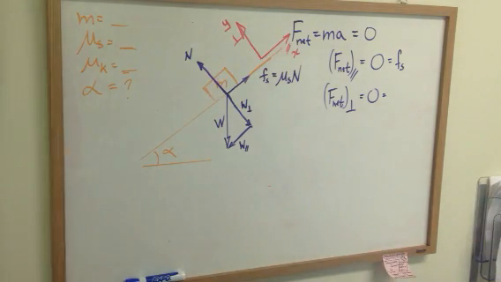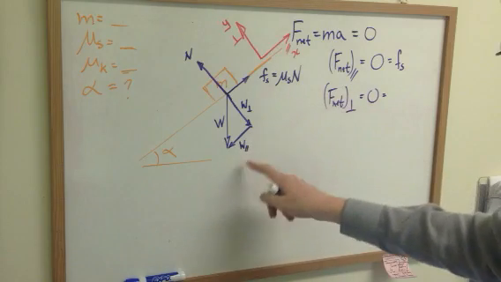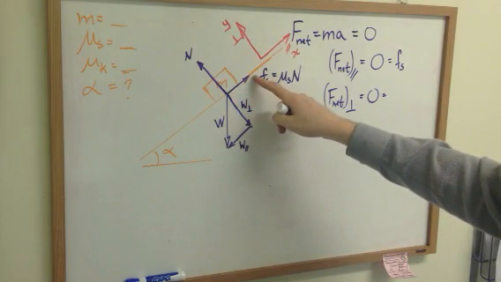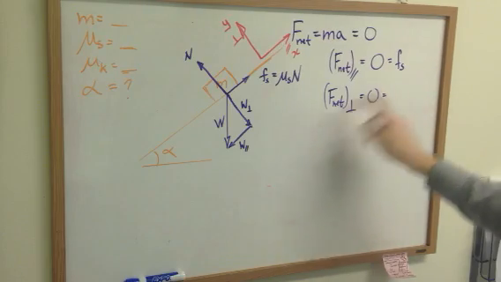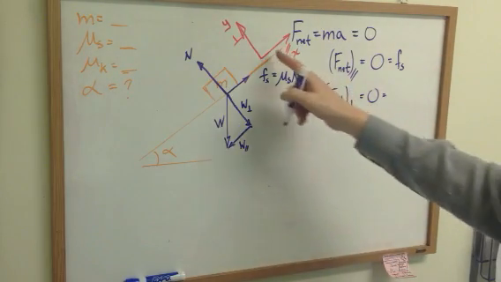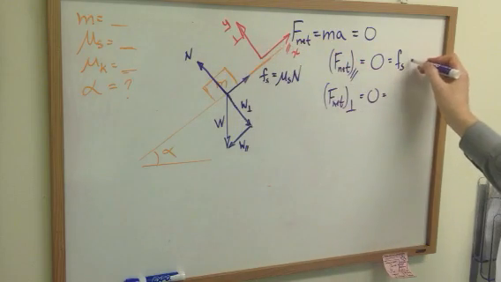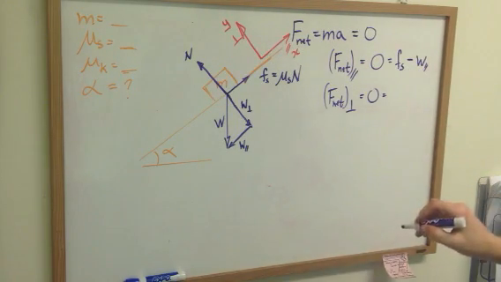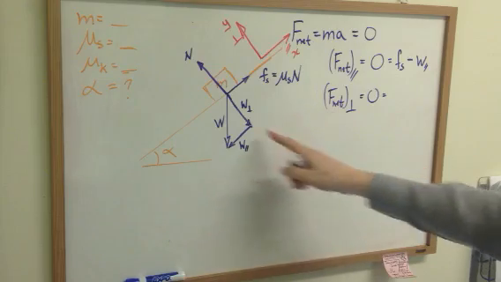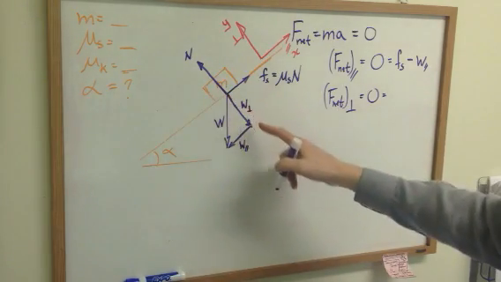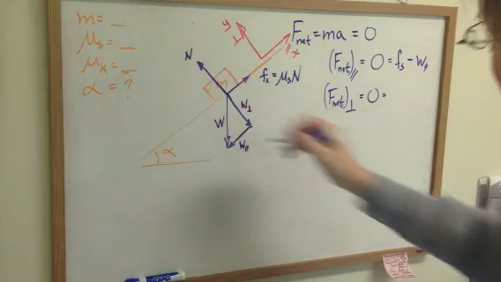All right. So in the parallel direction, I have the friction force holding it up the hill, and I have the weight pulling down the hill. And given the coordinate system, down the hill is going to be negative. In the perpendicular direction, I have the weight pulling down and N pushing up.